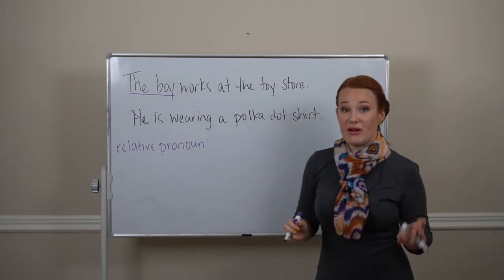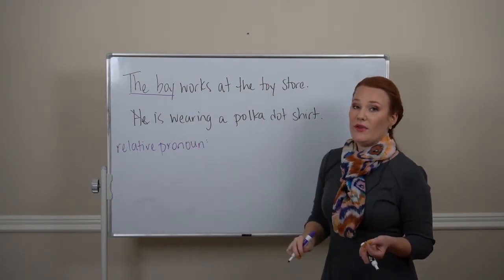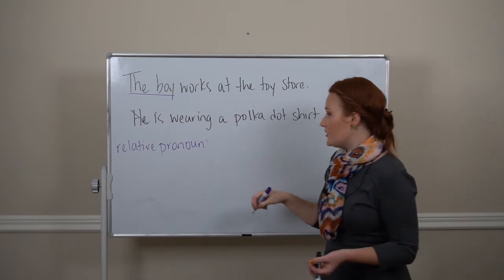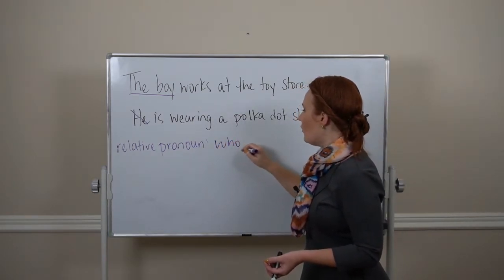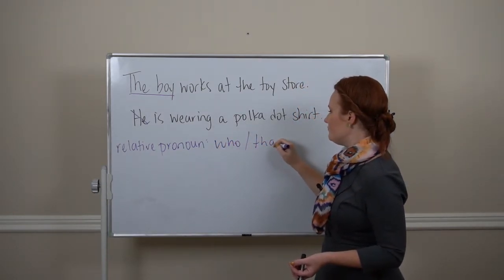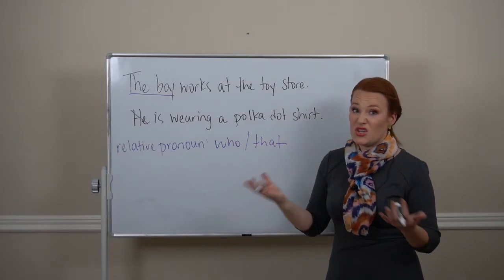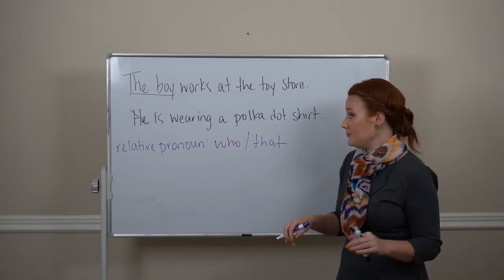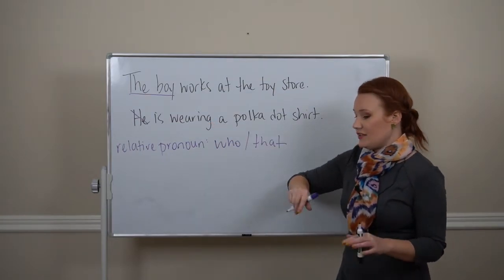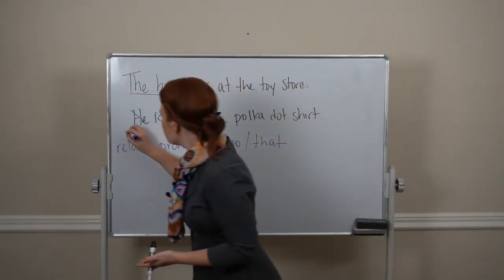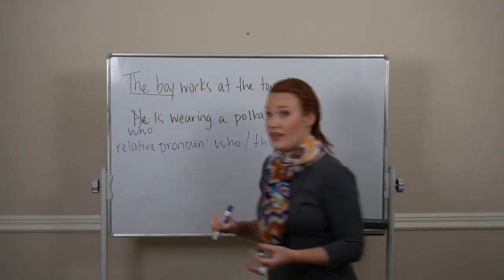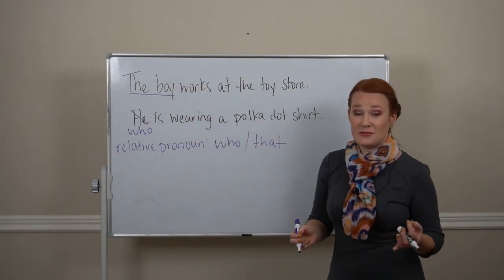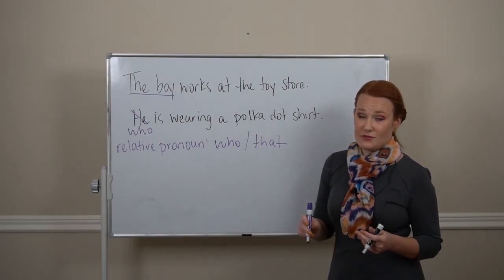When we have a person, he, we have two options. We can use who or that. They're both totally fine. It really doesn't matter. You can choose whichever one you like, okay? So instead of he, let's go with who. Okay, so now I've replaced it with my relative pronoun.